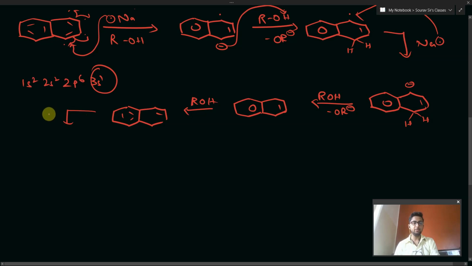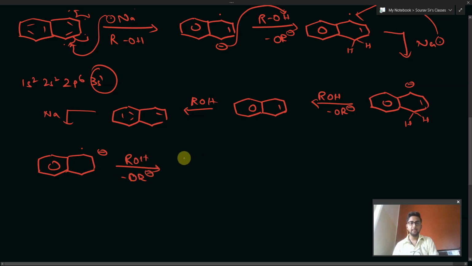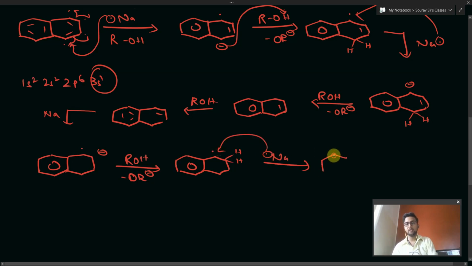So we'll be giving Na over here. A minus charge will be formed over here, and this one free radical would be here, and then ROH will be taken, RO minus will be released from the system. Then we have H here and H there, and then again sodium would be given, and this electron will be taking up the position.